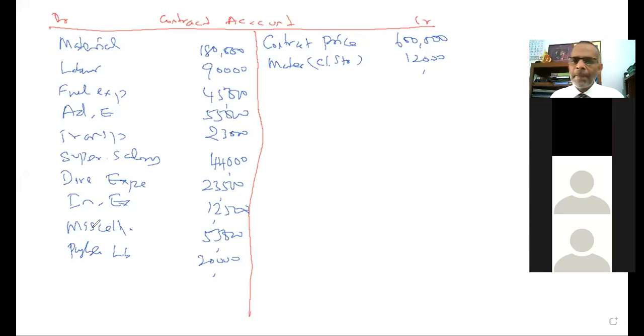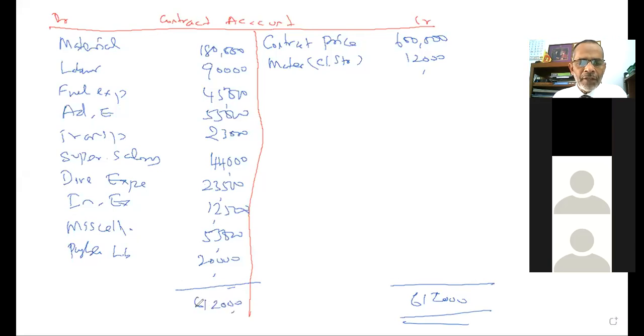That's all, or is there anything? Right. Okay. Now we have to find out whether we have a profit or a loss. Here I think 612,000. Can you find out the gap?